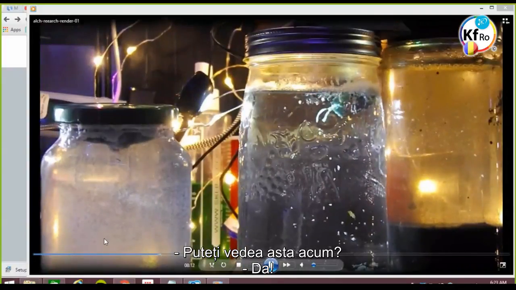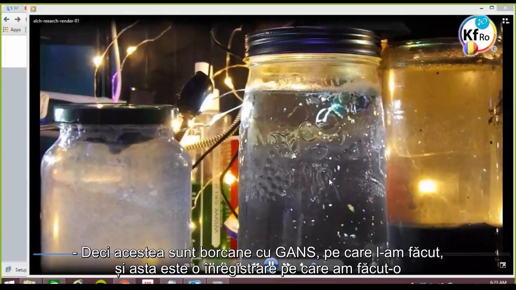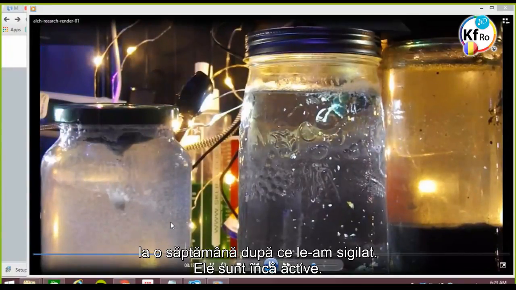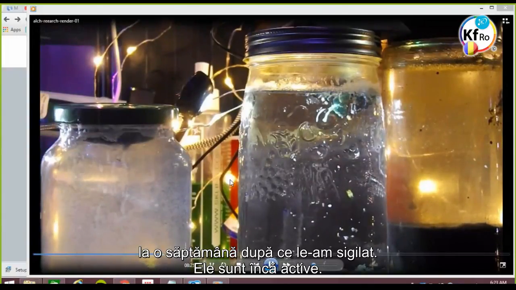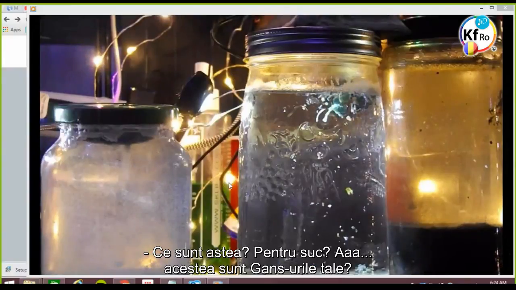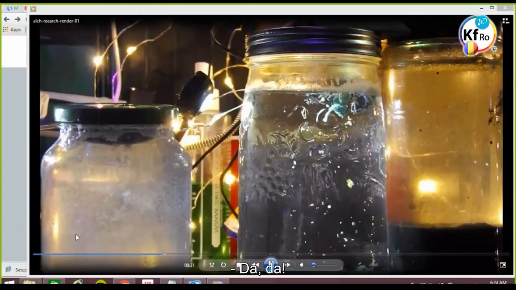Yeah. So these are jars of GANs I made, and this is recorded a week after I sealed them, still active. What does it produce? Oh, these are your GANs. Yes.